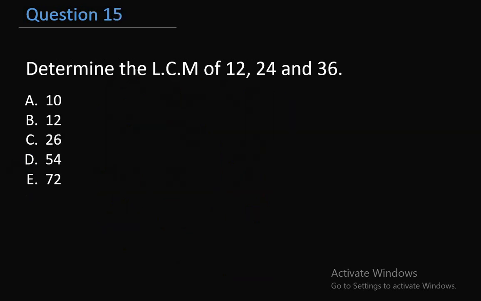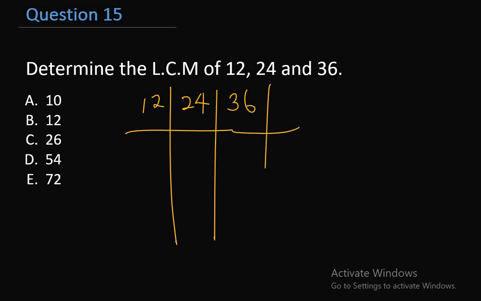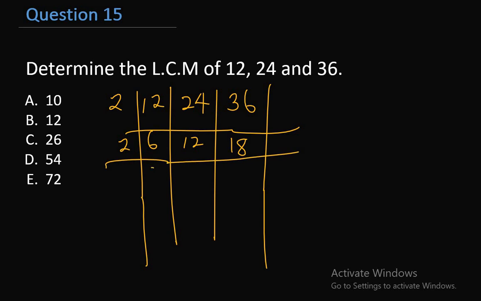Now, let's find the LCM. So you can see the difference between what I did earlier, looking for the HCF, and here, looking for the LCM. What can go is 2. 2 into 6, 12, 18. 2 can still go. 3, 6, 9. 2 can still go. 3, 3, 9. 2 is done with his work.